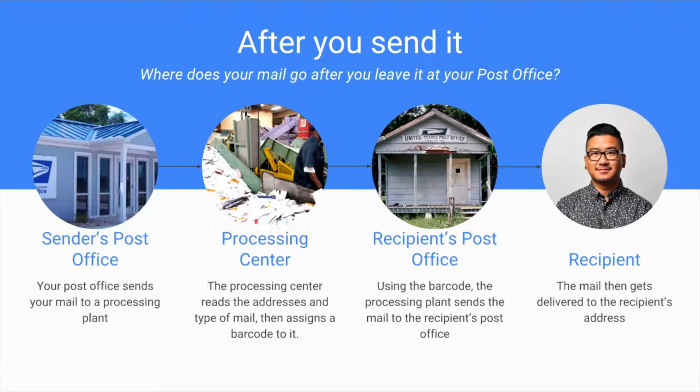Mail usually doesn't go straight from the distribution center to the recipient's post office. More than likely, it's going to take a few more hops than that. If you're sending mail all the way across the United States, there's going to be more stops in between. So if I'm in New York and I try sending mail to California, it would make no sense for my post office to send it to a processing plant in New York and then have a truck drive it all the way out to California.